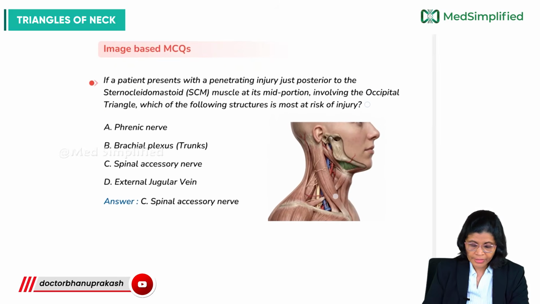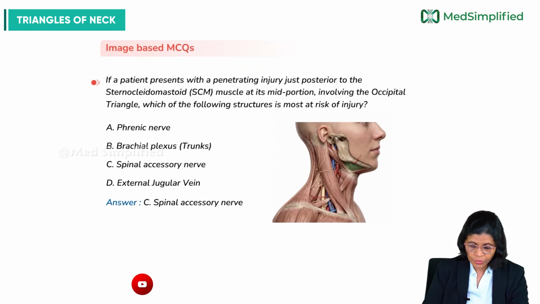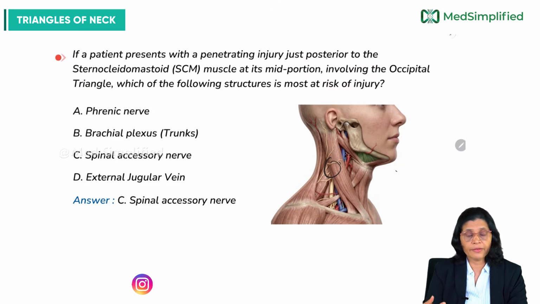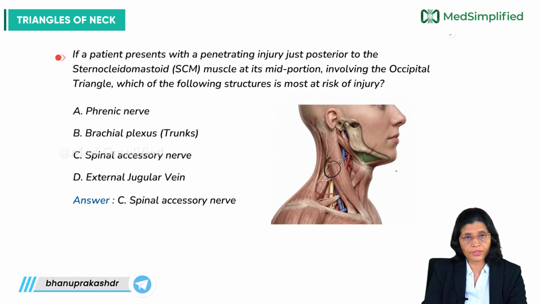If a patient presents with a penetrating injury just posterior to the sternocleidomastoid at its mid portion, involving the occipital triangle, which of the following structures is most at risk? In the mid portion, what structures emerge there? We had mainly the spinal accessory nerve and the four cutaneous cervical nerves: the great auricular, the transverse cervical, the lesser occipital and supraclavicular.